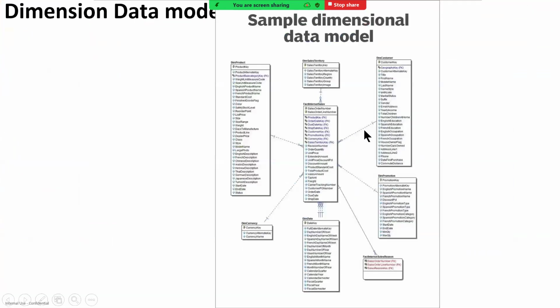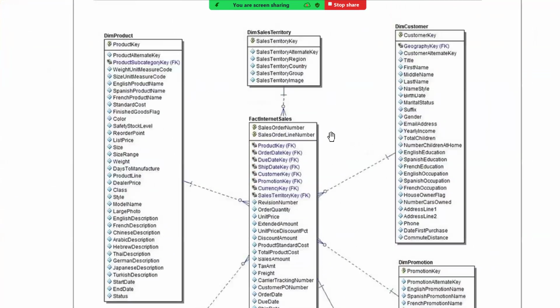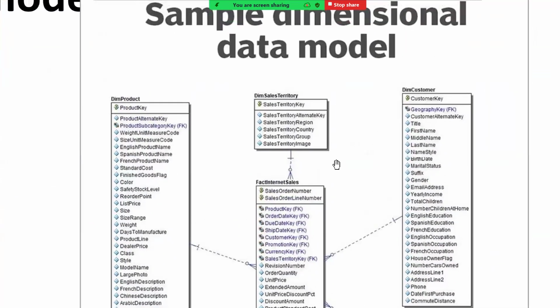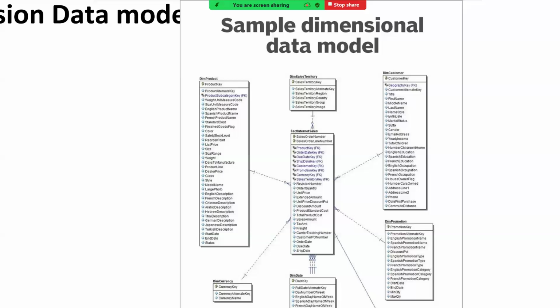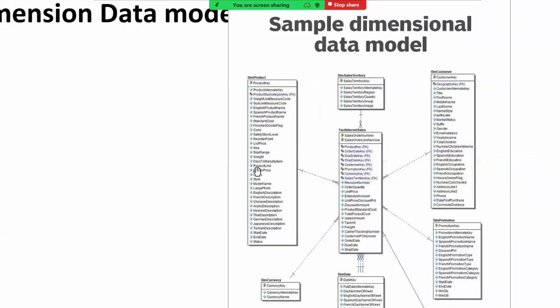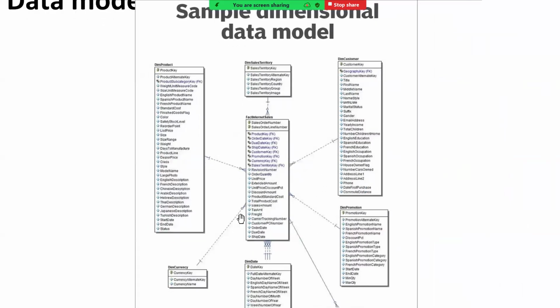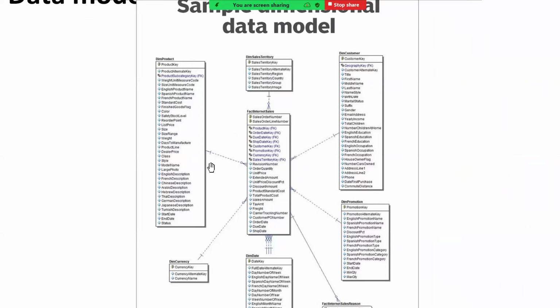Whenever you are storing data in the data warehouse, it will only use the dimensional data model, where you will have one table in the center, which is the main table, and this main table will be surrounded by the supporting tables.